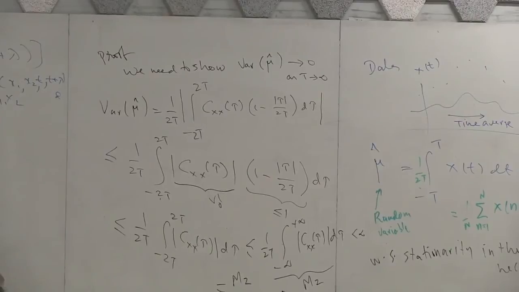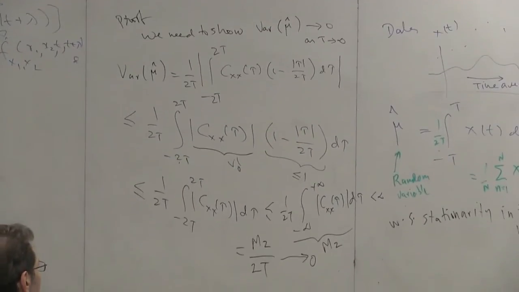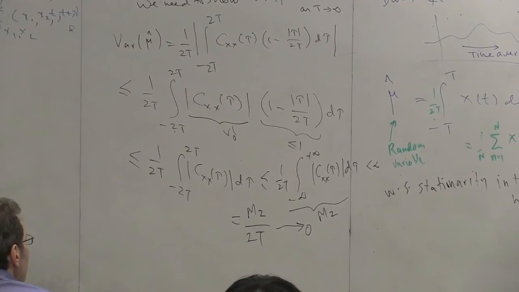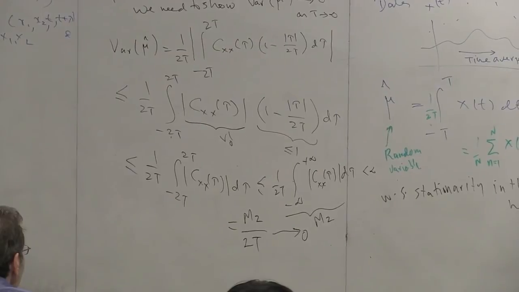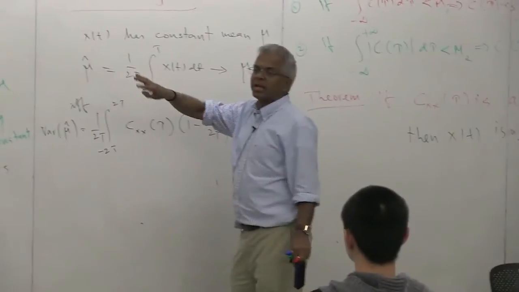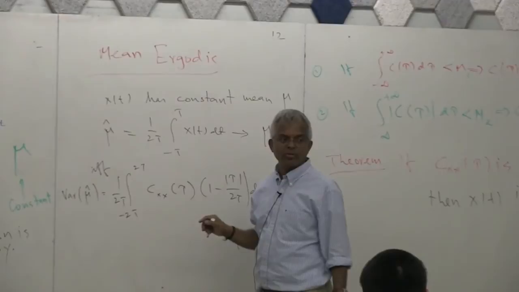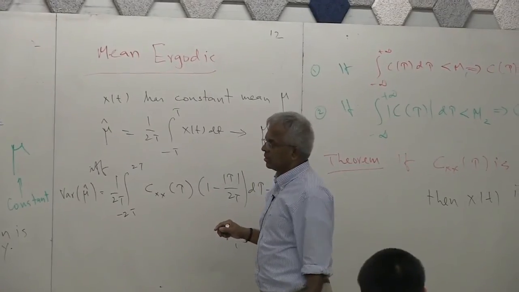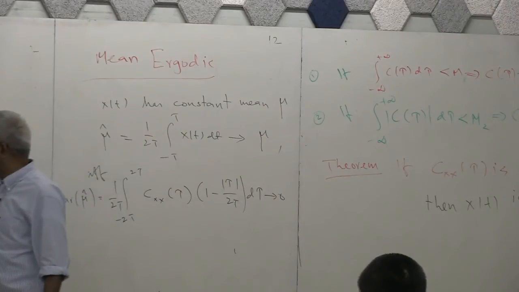I'm not going to go over all this because I want to show you a few more types of ergodicity. You may say, I'm not going to worry about it. You need to worry about it because in reality, you would use this always. So you need to know when you can use these expressions. You collect data, you take the average, you call this the mean.